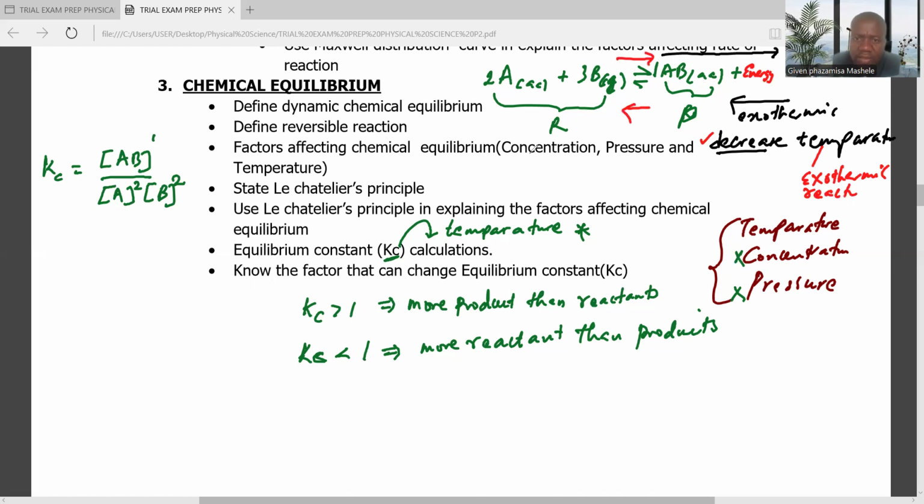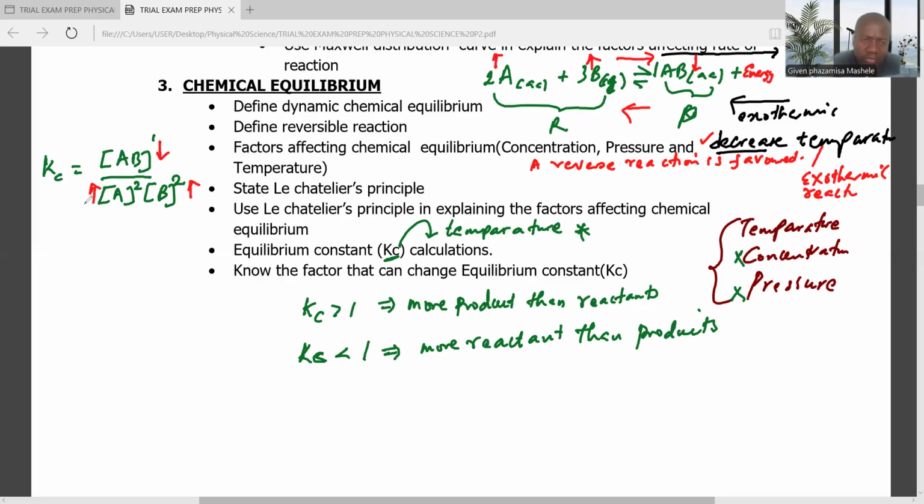Obviously it's the reverse, so the reverse reaction is favored. If the reverse reaction is favored, the concentration of both A and B will increase, whereas AB will decrease. So let's go to our formula. The concentration of AB has decreased, whereas the concentration of A and B will increase.